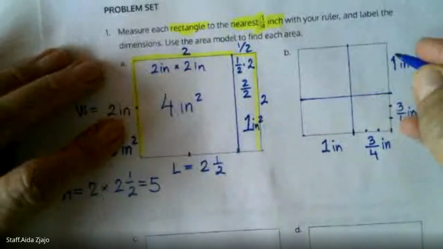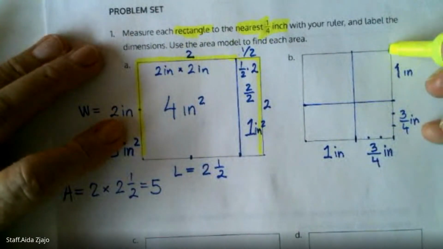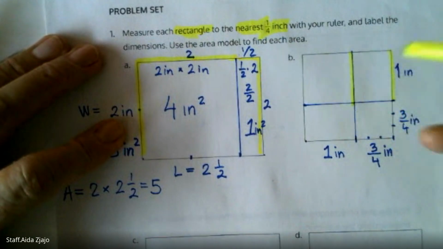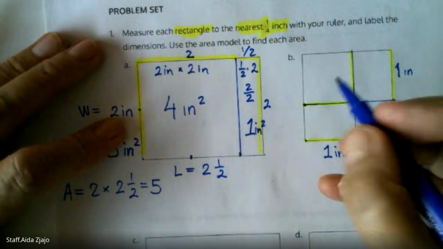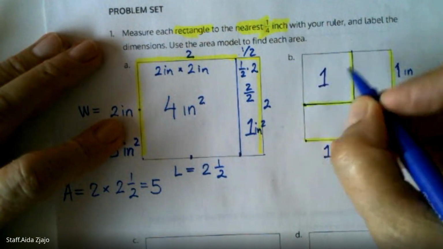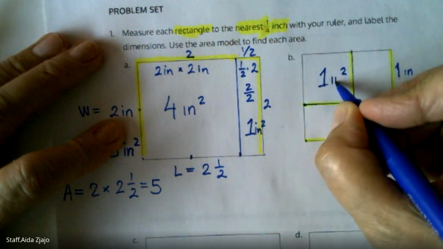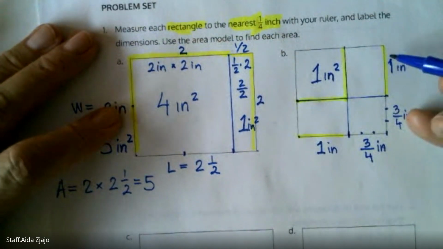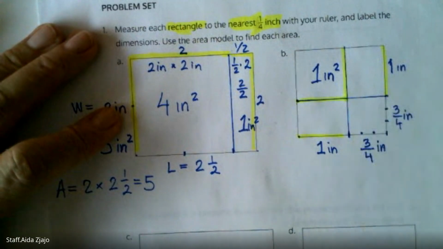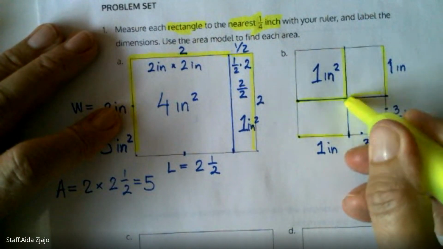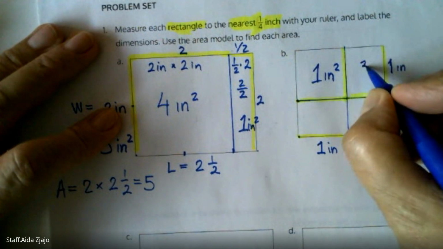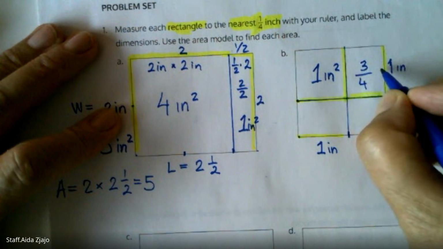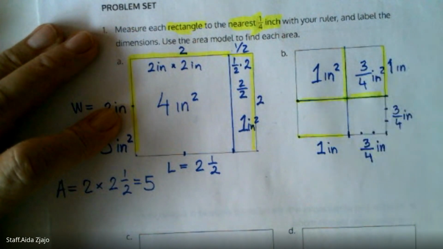So if this is 1, so is this. So 1 times 1 is 1 square inch. This one is a 1, but this is 3/4, so 1 times 3/4 is 3/4 square inches.